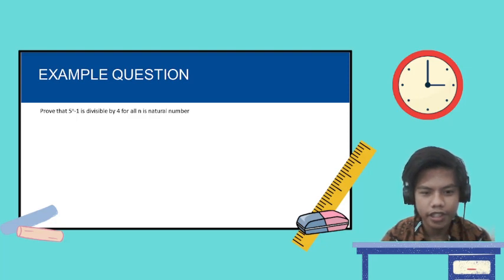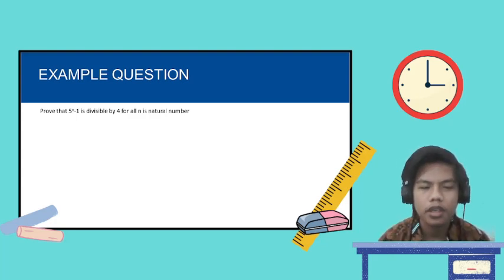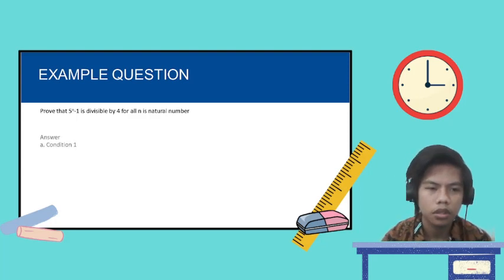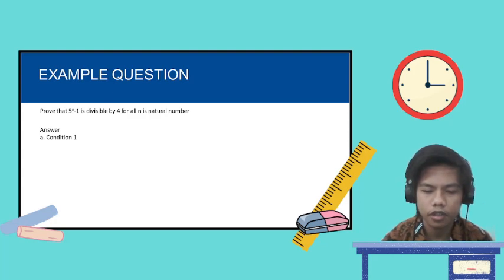Next is question number 2. Prove that 5 to the power of n minus 1 is divisible by 4 for all n, where n is a natural number. So we can answer that with the first condition, that is P1 is true.